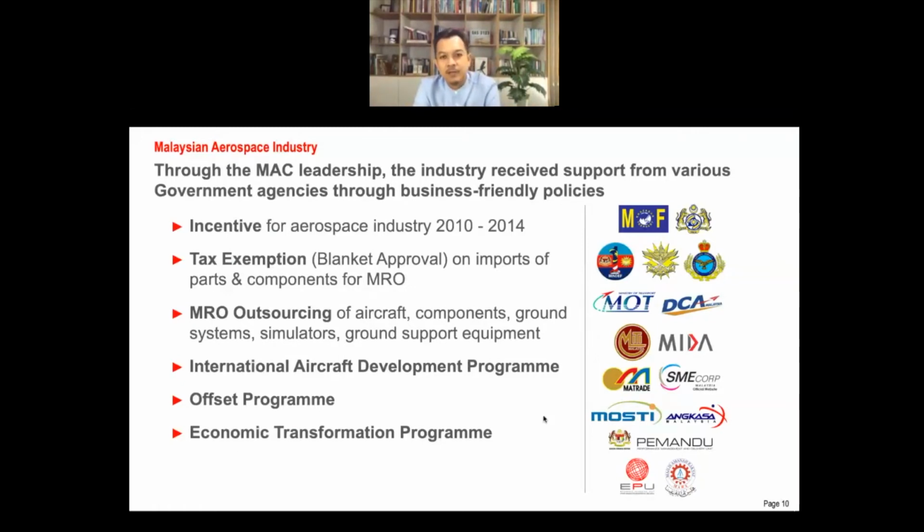Okay, so we have seen all four subsector players for the Malaysian aerospace industry by 2015, right? And we would like to see what the initiatives and the impact of the first National Aerospace Blueprint have been so far. Through the Malaysian Aerospace Council, MAC for short, leadership. The Malaysian Aerospace Council, as highlighted, is chaired by the Prime Minister.